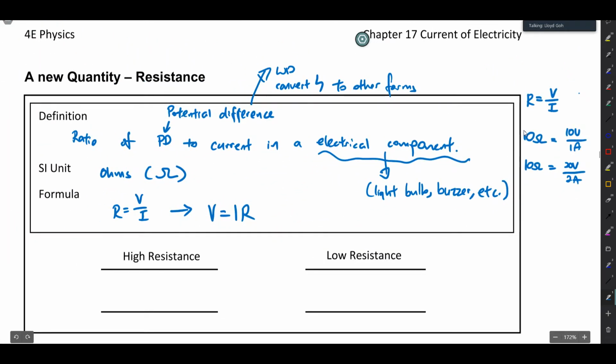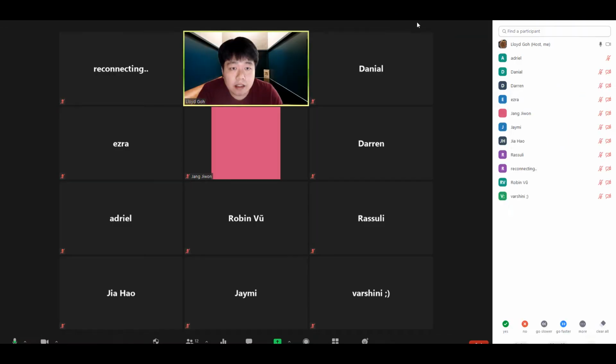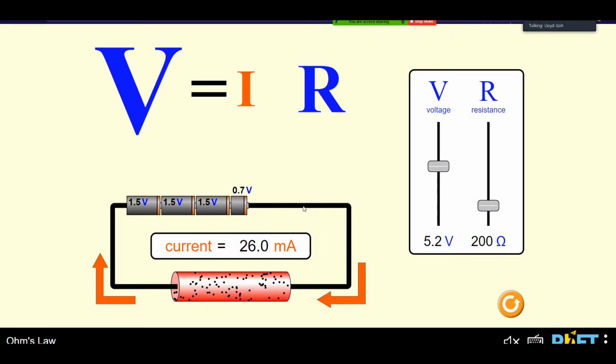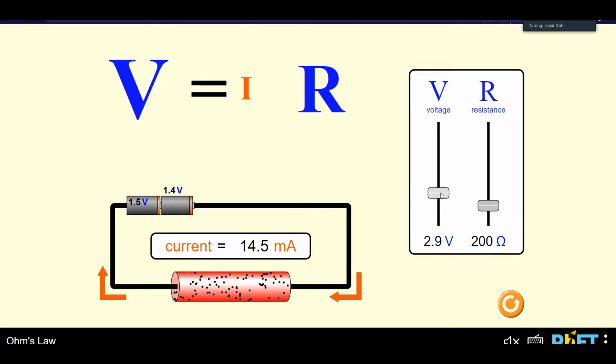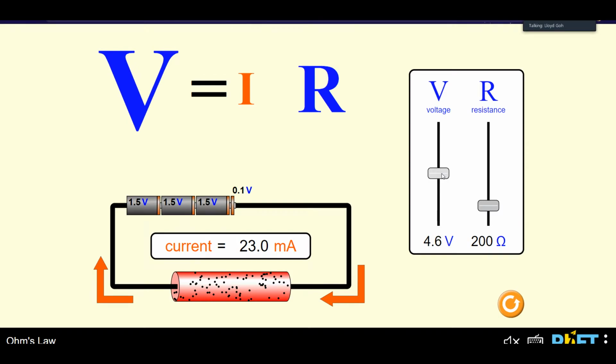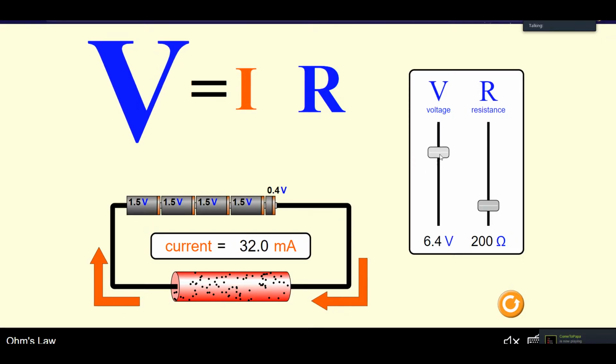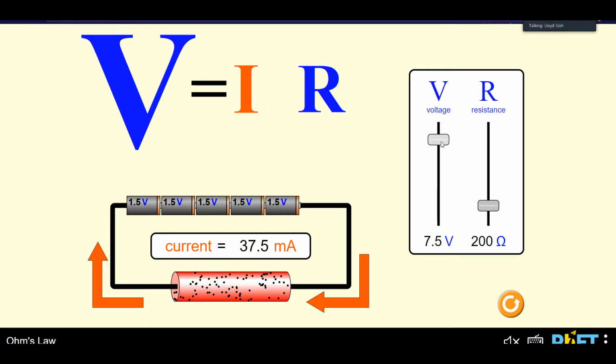You realize that this is true, and watching the animation, a very simple animation, when I increase the voltage of my battery, my current flow will increase. That is because when there's higher voltage, you get a higher current based on the formula V equals IR.